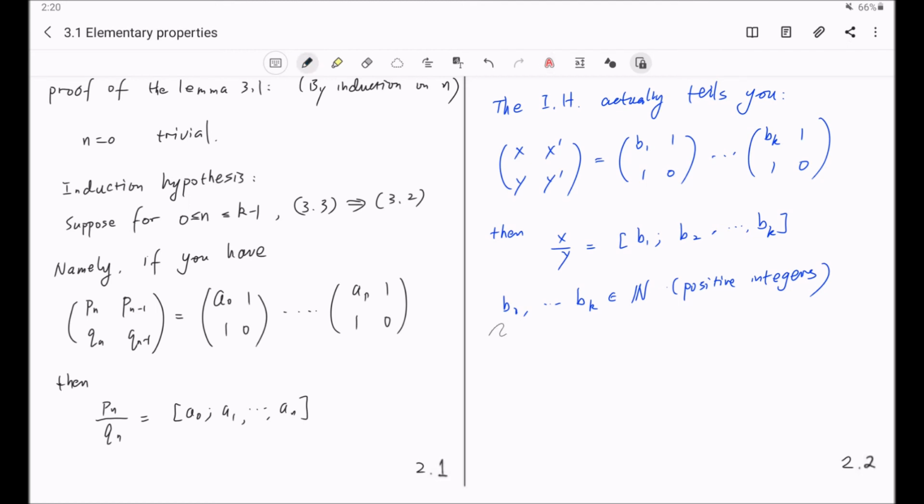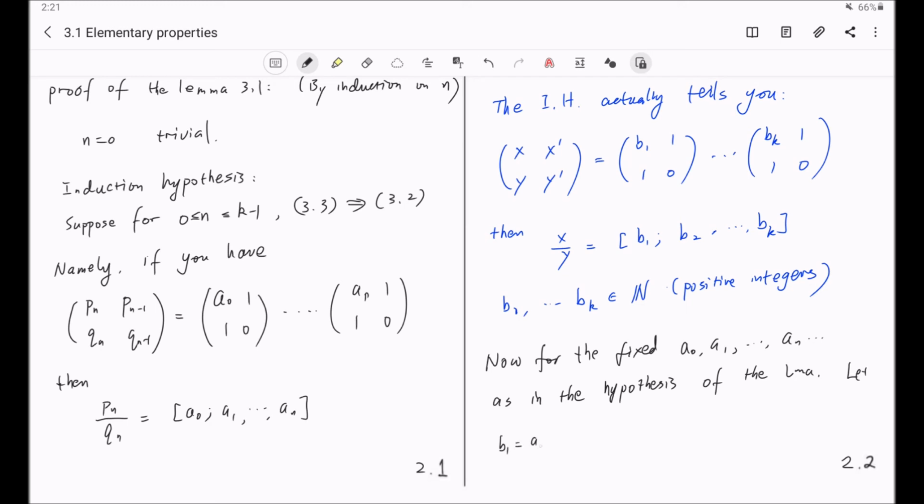Now let's continue. Now for the fixed integers a naught, a1 through a sub n, as in the hypothesis of the lemma, we let b sub 1 be equal to a1 all the way through b sub k to be equal to a sub k.